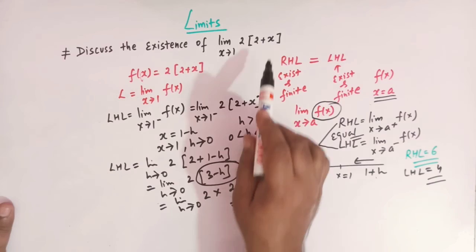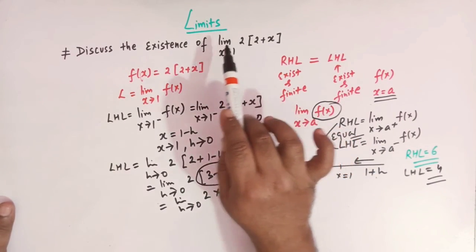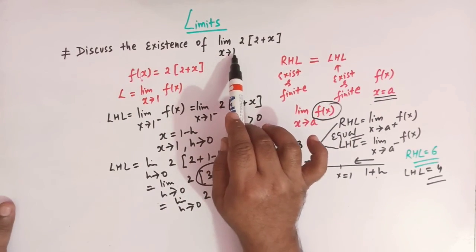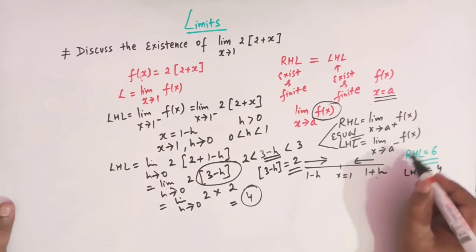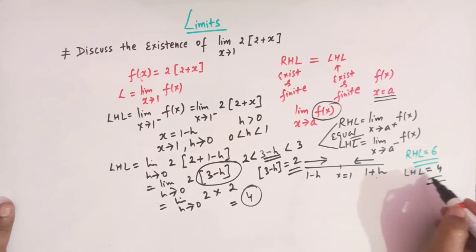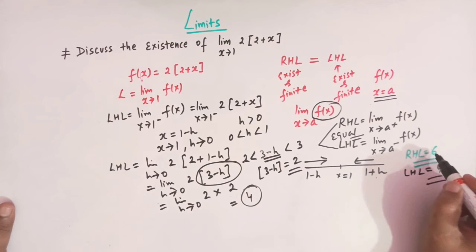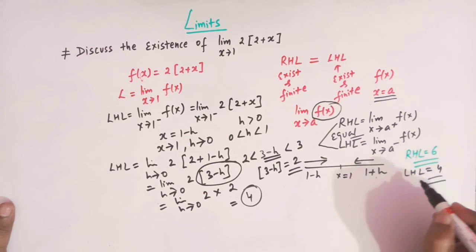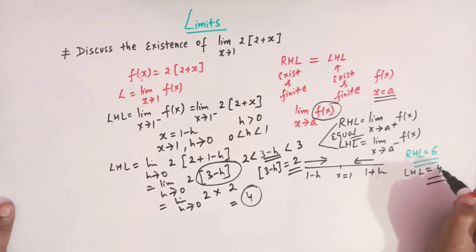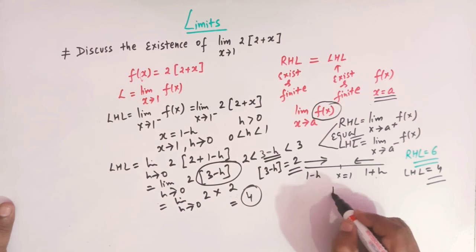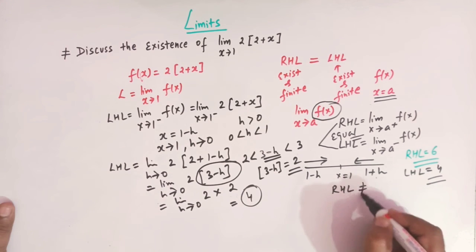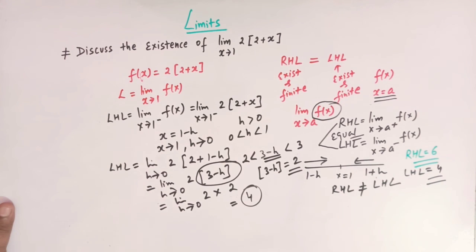So here we see that the limit of this function when x tends to 1, the right hand limit is 6 and the left hand limit is 4. Although the right hand limit is finite and it exists, similarly the left hand limit is also finite and it exists, but right hand limit is not equal to the left hand limit, right?